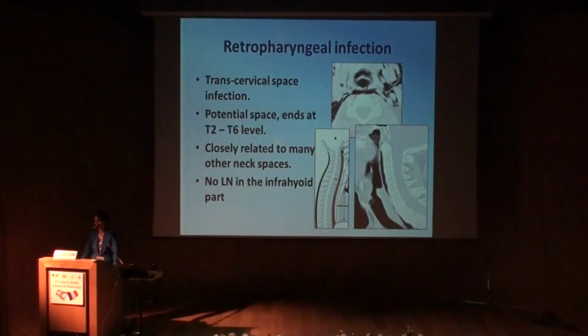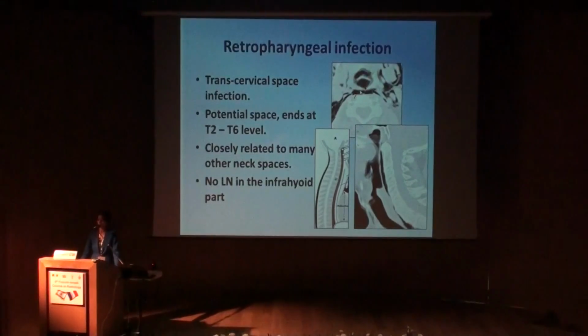The retropharyngeal space is bordered posteriorly by the alar fascia, which might be seen here. The space behind the alar fascia goes all the way to the mediastinum, whereas the retropharyngeal space goes just to the level of T2 to T6 where the alar fascia fuses with the middle layer.